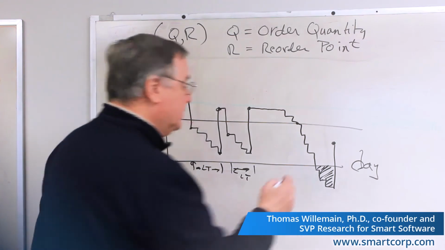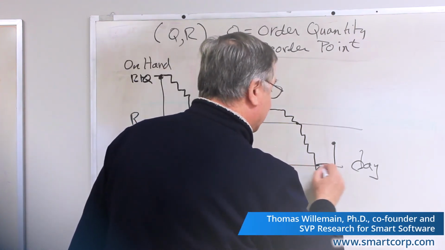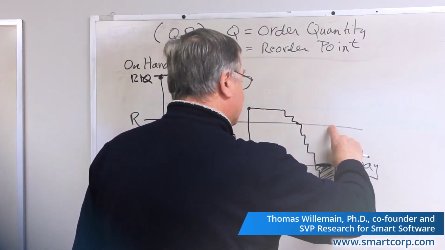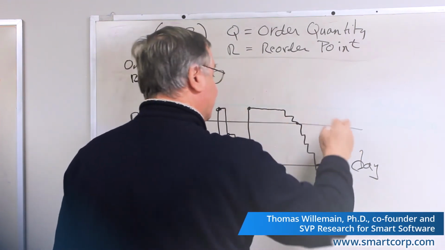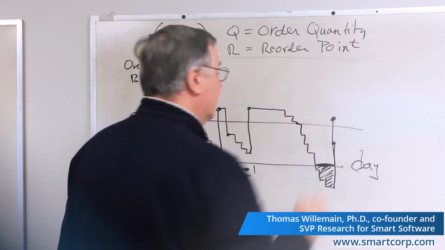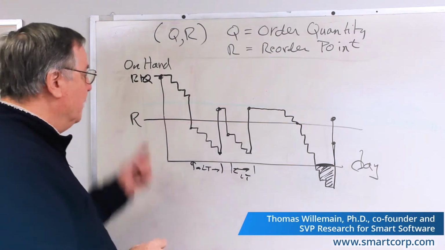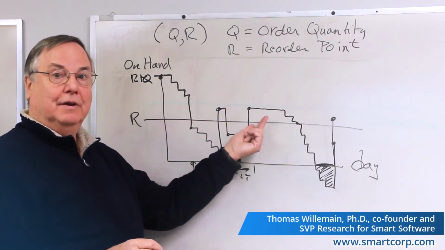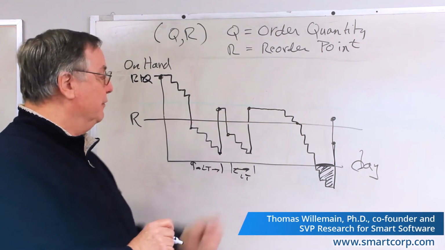Or if you have a lost sales policy, you can't go negative, you just stay here. And in which case, you'd add in a certain amount and you get back up above the reorder point. But the same sort of picture applies as it did with the periodic review.